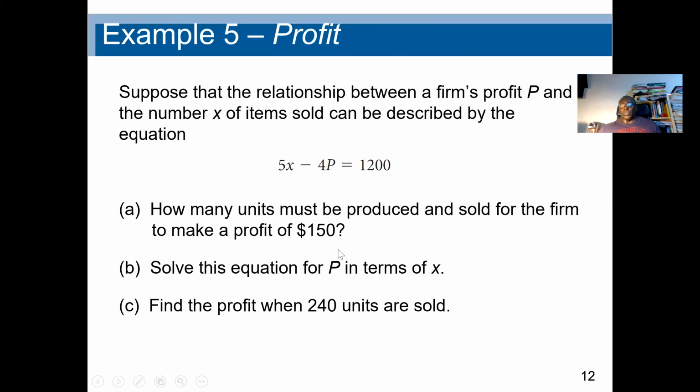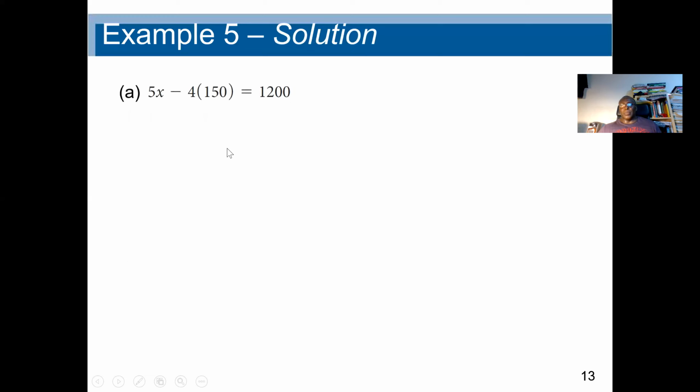First, they are telling us how many units must be produced and sold for the firm to make a profit of 150. So a profit will be P. Then we solve for the number of units. So let's try A. So A, as we said, profit is $150.